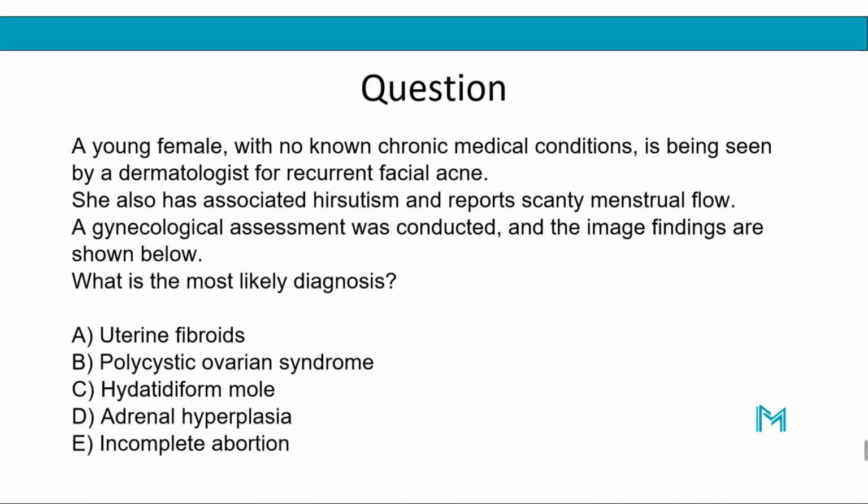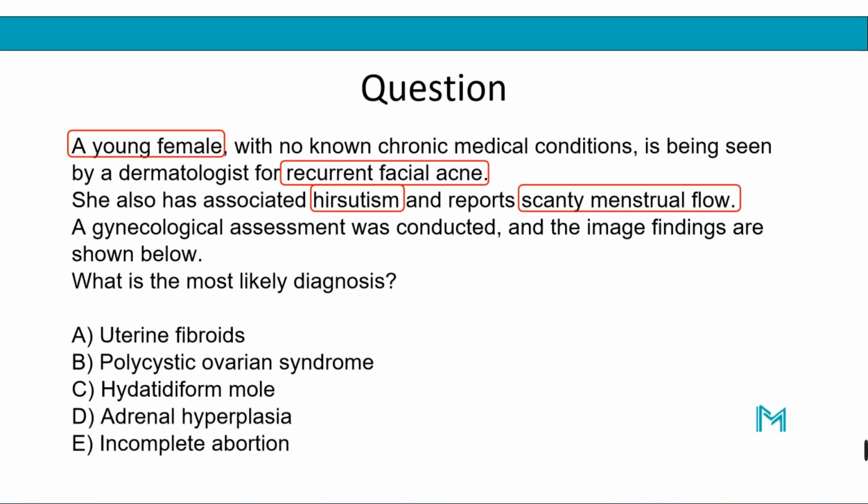What we should pay attention to in the stem of the question is the fact that the patient has recurrent facial acne, which is relevant here, and that is one of the reasons she was being seen by the dermatologist. And there's hirsutism, which is excessive facial hair in a female, and she has scanty menstrual flow. So there's some form of irregularity or dysfunction in the menstrual cycle.